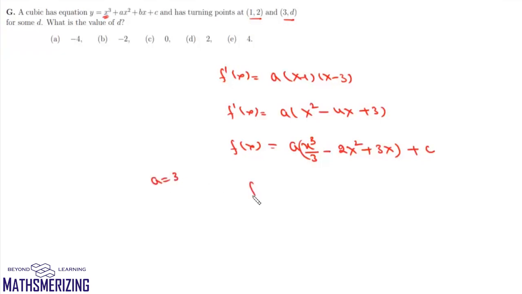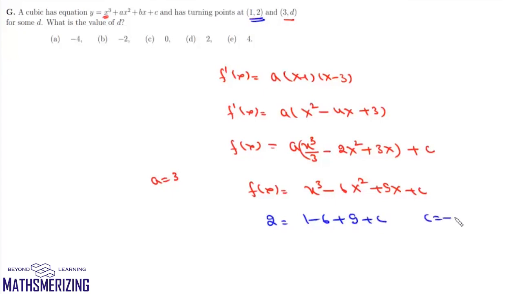Now we'll put a as 3, and we'll get this function f x as x cube minus 6x square plus 9x plus c. Now first we'll find the value of c. We are given that when x is 1, f x is 2. So this is 2 equals 1 minus 6 plus 9 plus c. So the value of c will be minus 2.